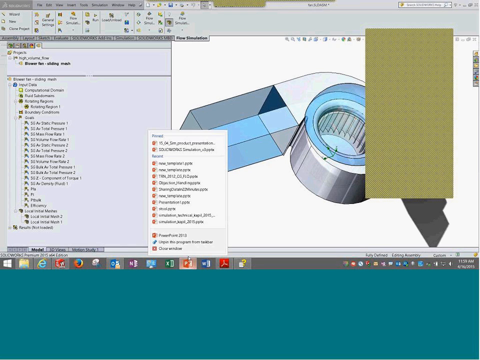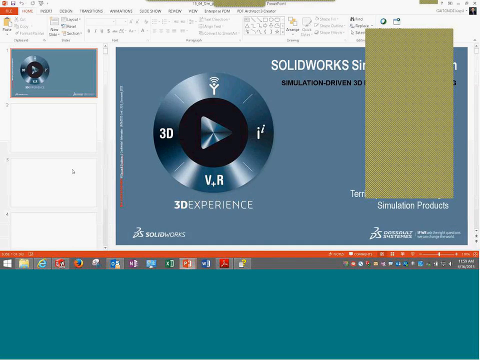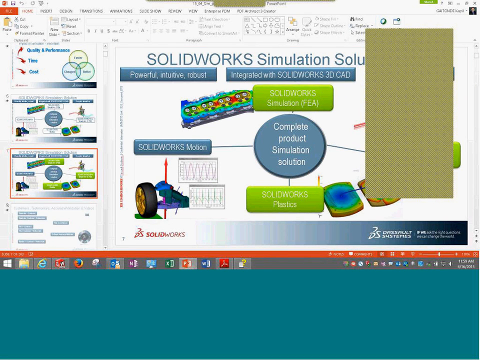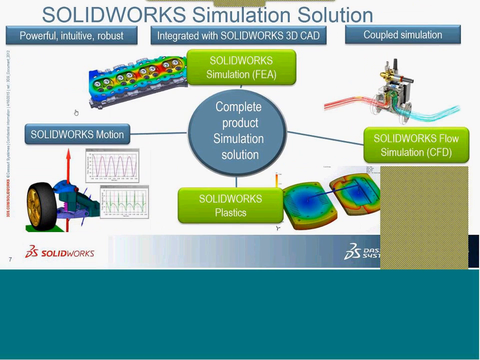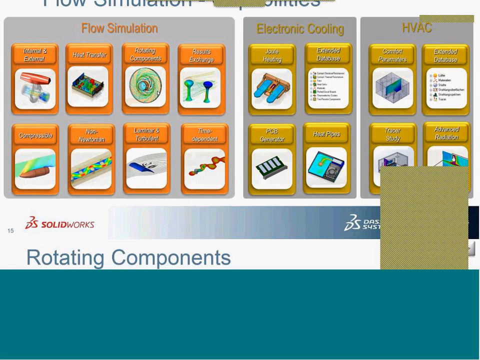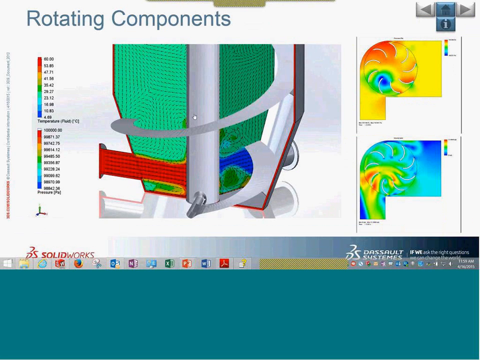I'm not sure if you saw this. This is a rotating component. So this is how it looks. You can see the movement of the blade, the rotating component. So this can actually happen, and we can see it using an animation.